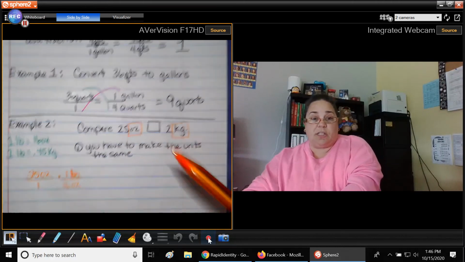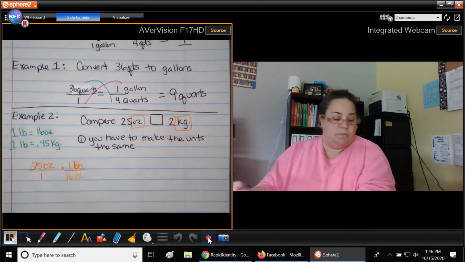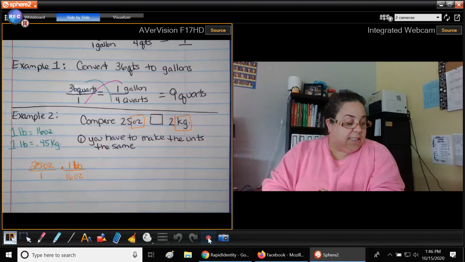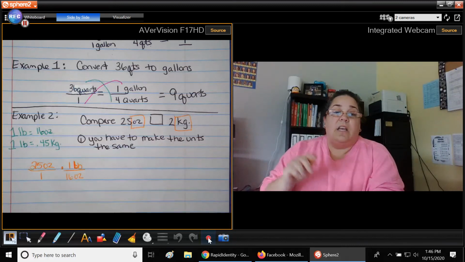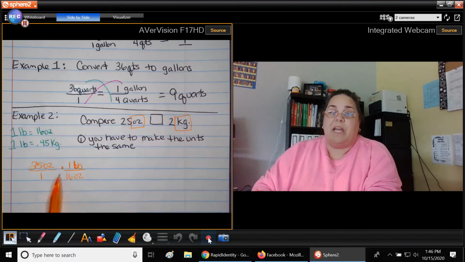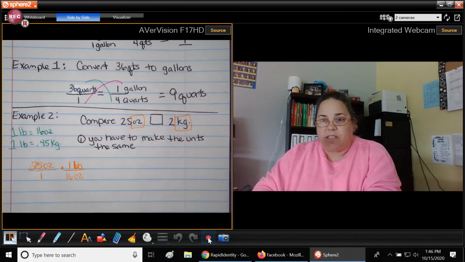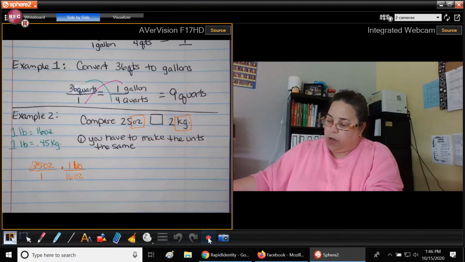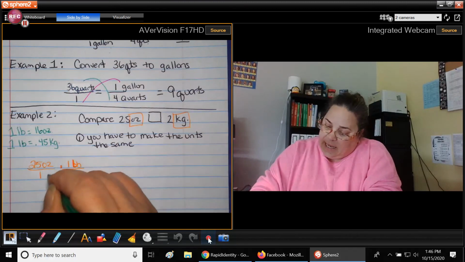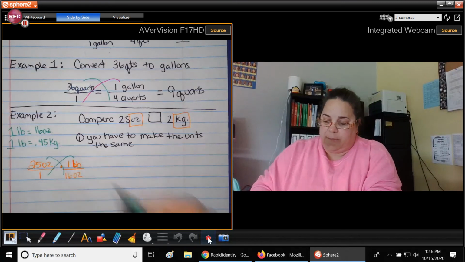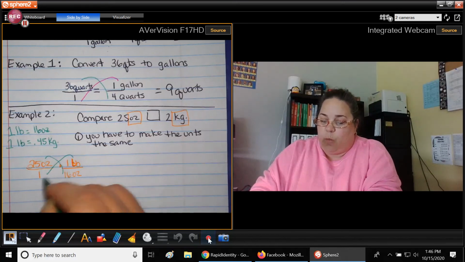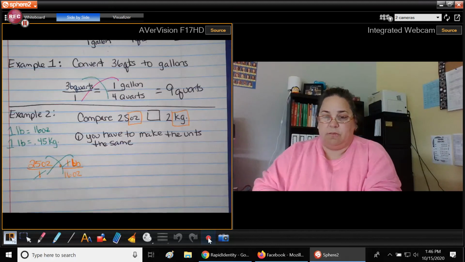Remember that cross dividing? I know it says multiply, right? But instead we cross divide, okay? So I go, okay? This cancels each other out. 1 and 1 cancel each other out, okay?